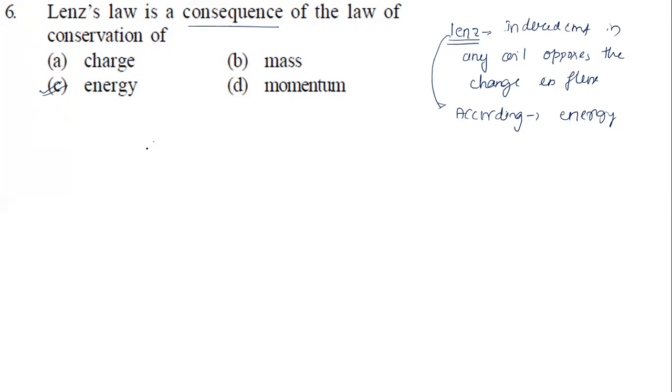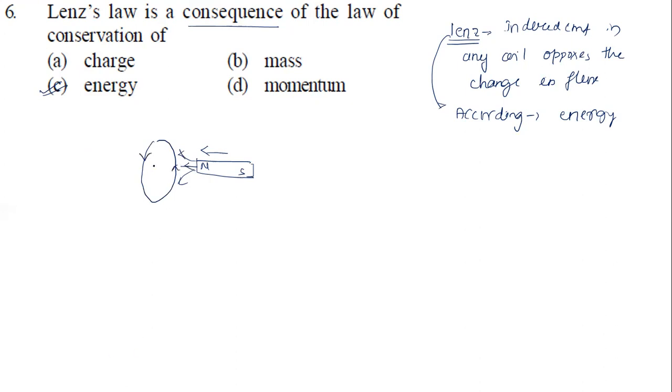If I take a very small example, there is a coil here. We have a magnet here, and we are going to move the magnet towards it like this. Let's say it is north and south. As we move, the magnetic field will be in this direction, right? These are the magnetic field lines. Current is going to be produced in the coil in this direction.